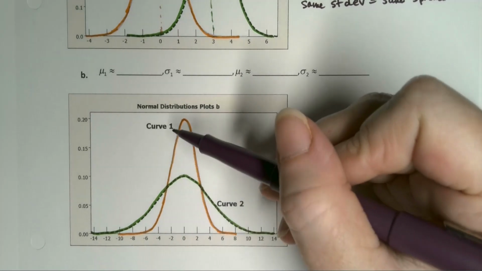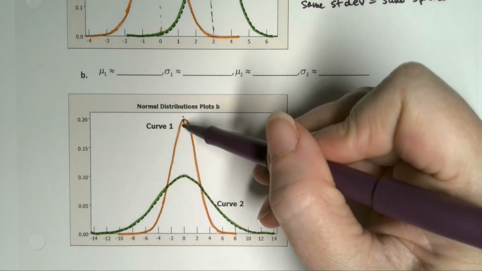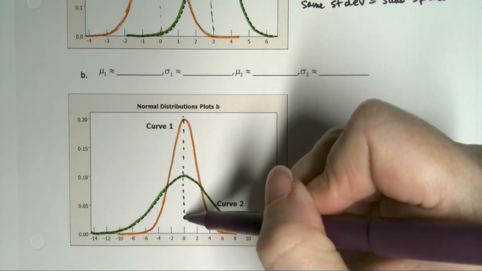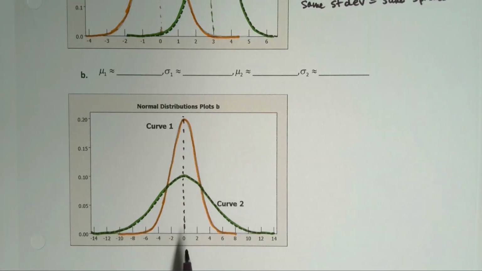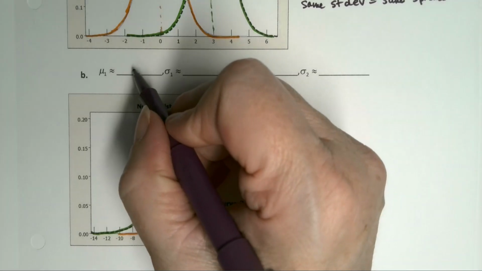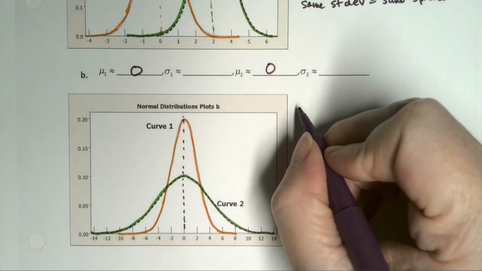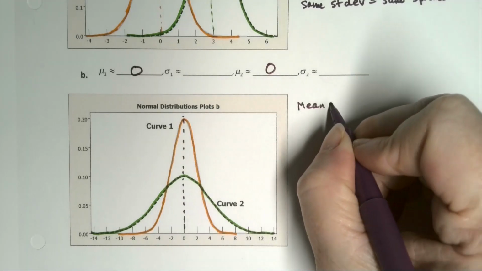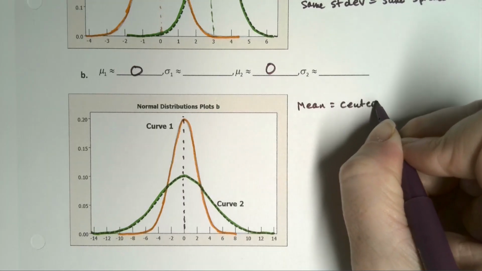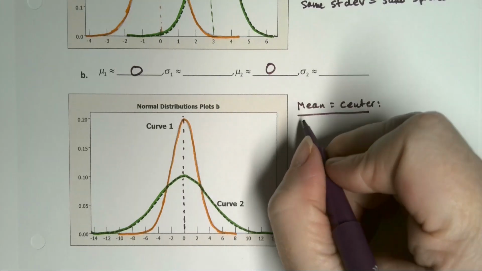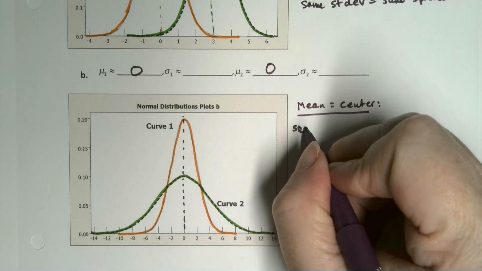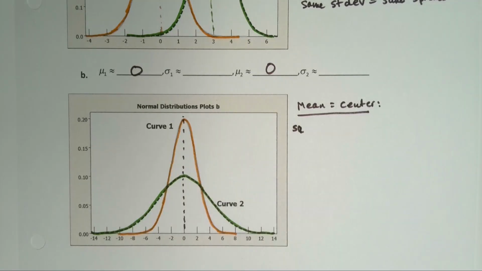Okay, so both of these curves have a central line right down the center at 0. So these curves both are centered at 0. Their central peak is at 0. So this is 0 and this is 0, right? The mean is the center, and so if they have the same center, then their peak will be at the same place, the same center.